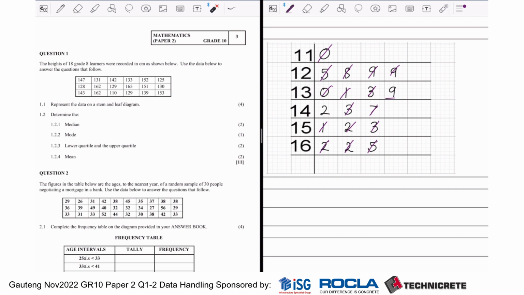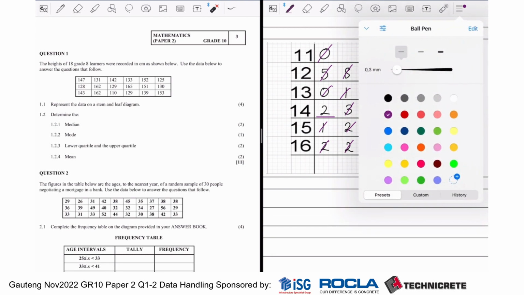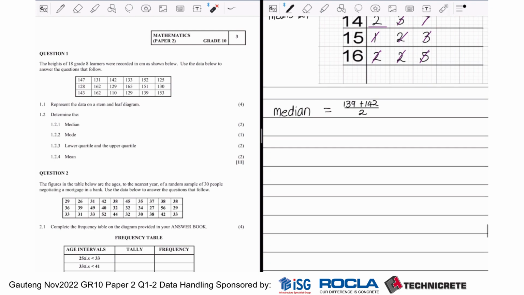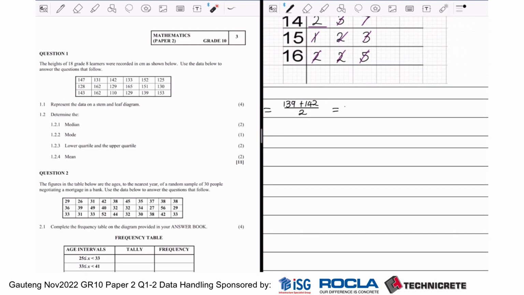Okay, and I'm in between 139 and 142. And so my median is going to be 139 plus 142 divided by 2, so halfway in between those two numbers. And that is 140.5.